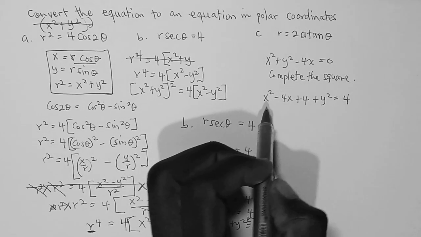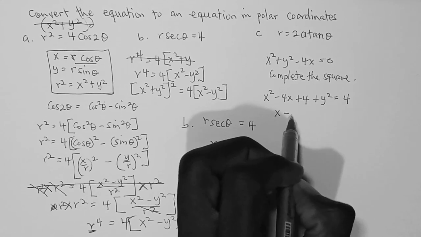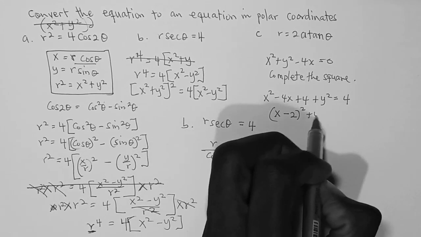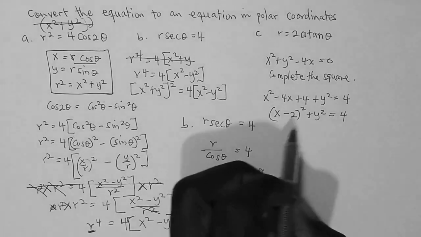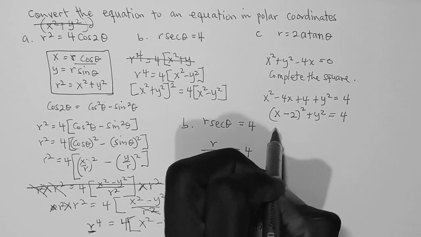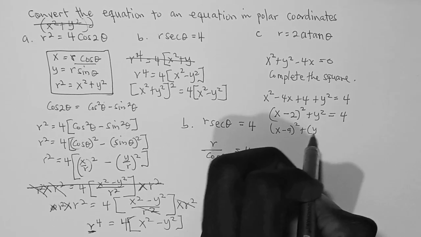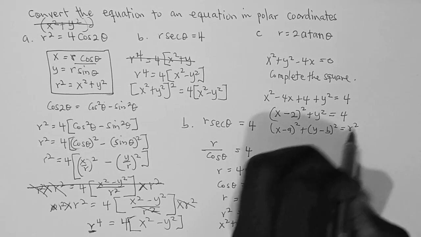So we can write this in terms of x minus a. So this becomes x minus 2 squared, then plus y squared is equal to 4. Now, remember that the equation of a circle is x minus a squared plus y minus b squared equals r squared.